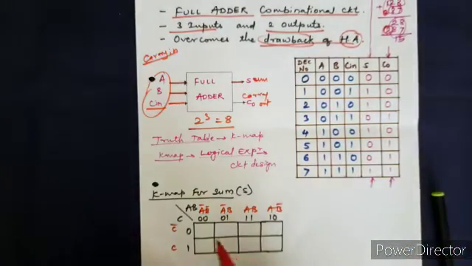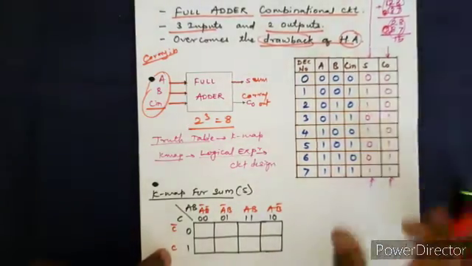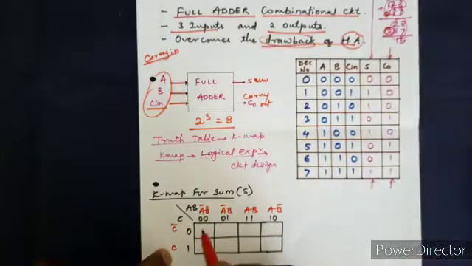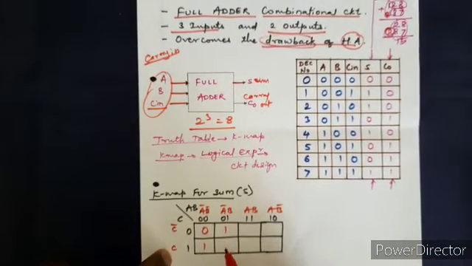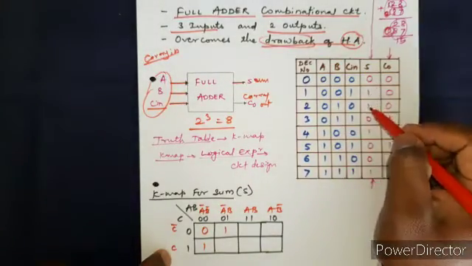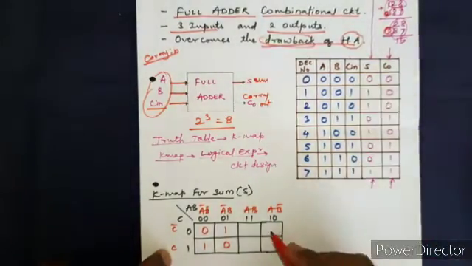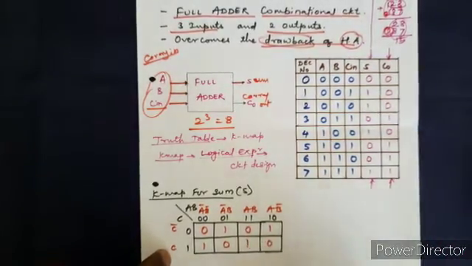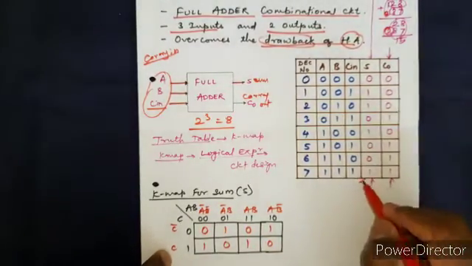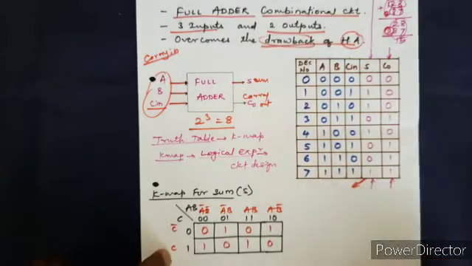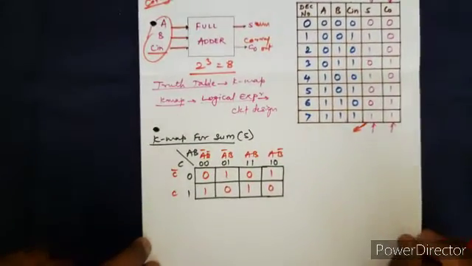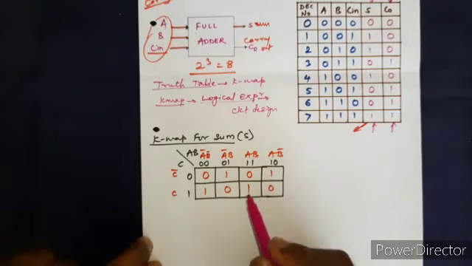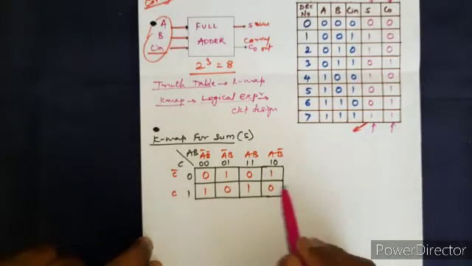Now let's fill this, mapping the cells 0 to 7 from the truth table column onto the K map. How many groups are formed here? If you see, all the ones are individual.